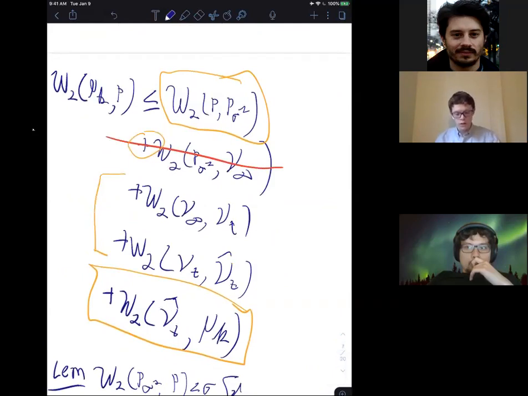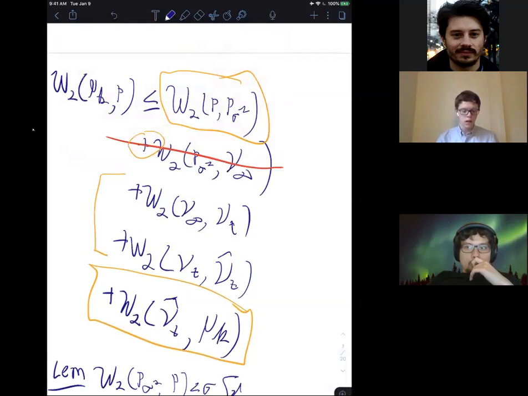What if instead we kept p sigma squared, but didn't examine 2 diffusions? We only examined the diffusion of the estimate and wondered how long it takes to mix, and then once we have that, how far this stationary distribution is from p sigma squared. And so with further assumptions, I think you can actually get much stronger bounds.